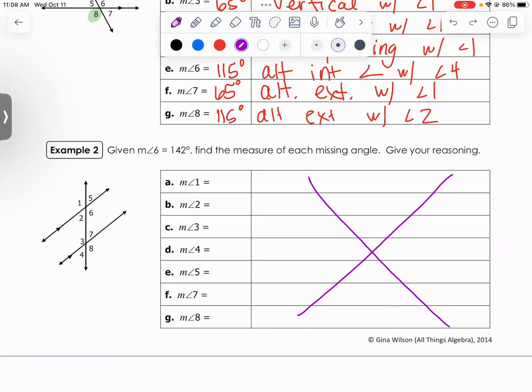Ben, angle 1. Angle 2, Nora. Angle 3, Braden. Angle 4, Sam.